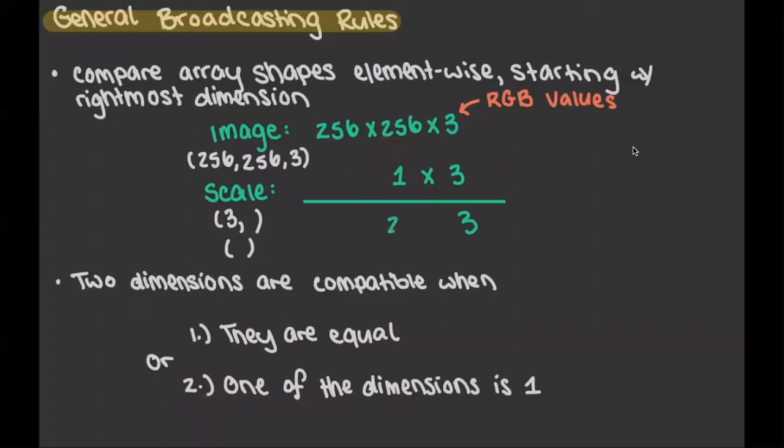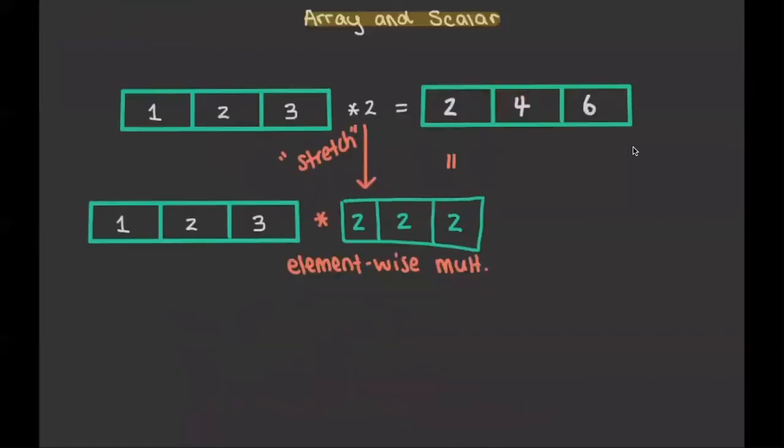So our result here is going to be 256. And then again, for the missing dimension, we prepend a 1. Same story here, we have 256 and 1, so the 1 gets stretched to be the 256. You can think about this again in that scaling example we looked at, where this 3 gets stretched to be the same shape.